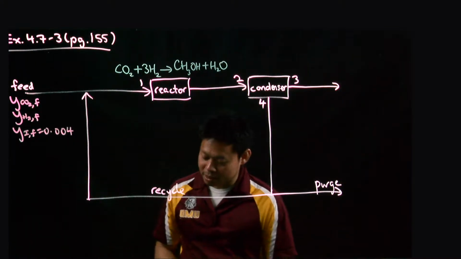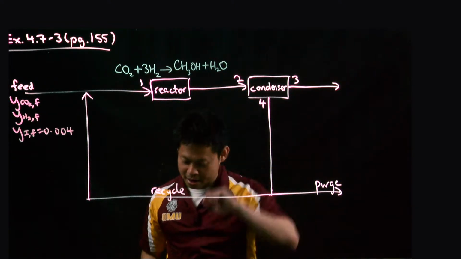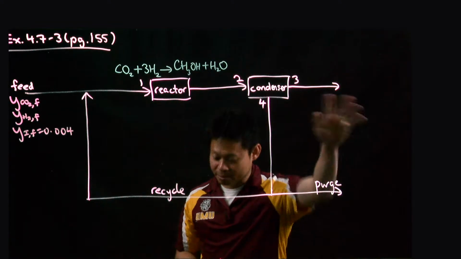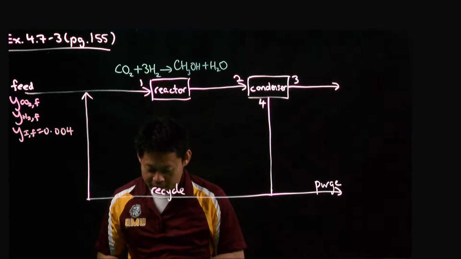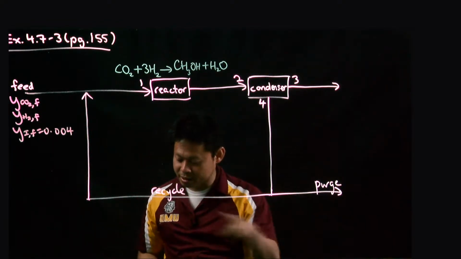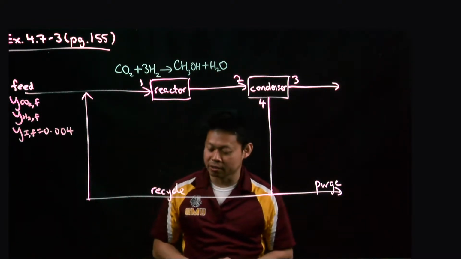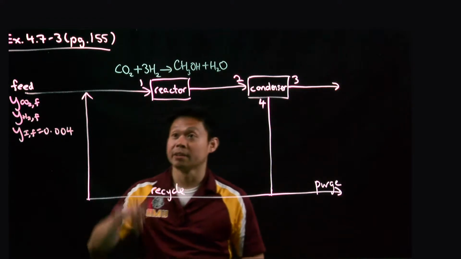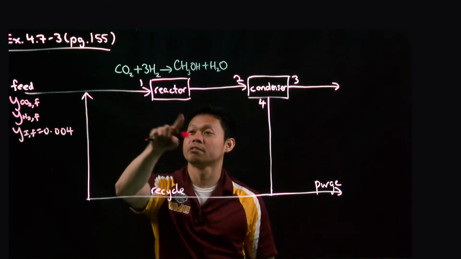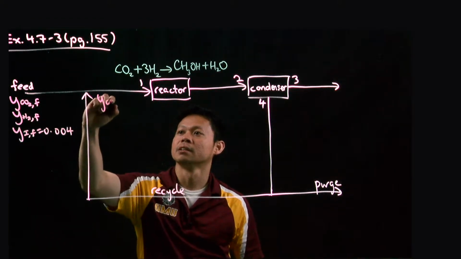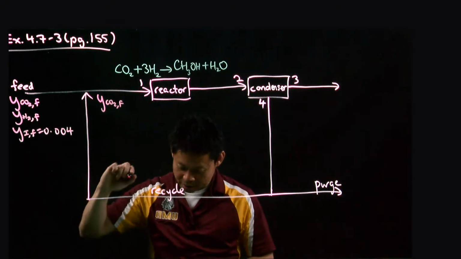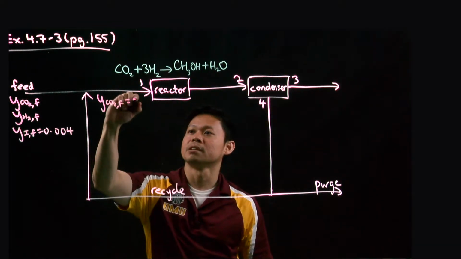The reactor effluent passes to a condenser, and methanol and water are going to come out down here. So the latter substances are recycled. The feed to the reactor, not the fresh feed, we're given the mole fraction of this. So the feed to the reactor, we have the mole fraction. Carbon dioxide is 28%.